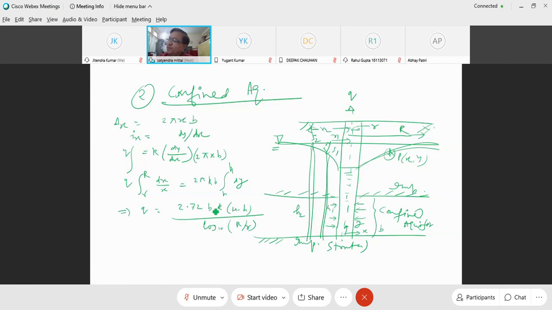So b into K can be written as transmissibility, capital T. So this is equal to 2 pi T into S, since H minus h is S, upon log e R upon r, or you can convert it into log to the base 10 also.